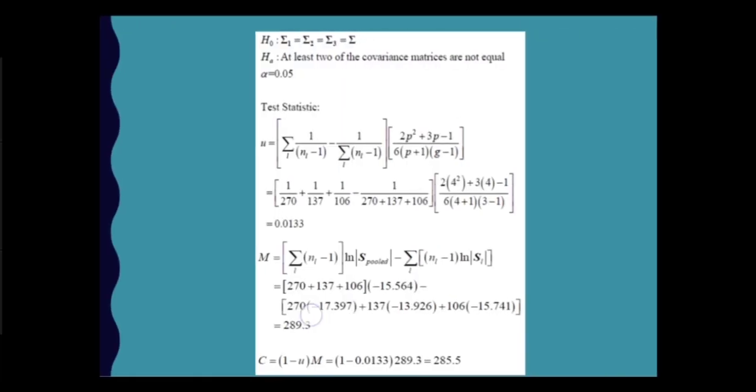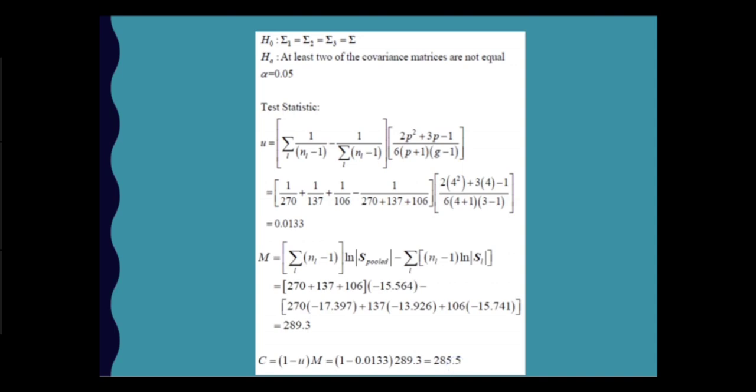After you multiply, then you sum up, because there is a summation in front. Then apply the formula, and you get 289.3. Replace in the C formula, and you will get 285.5 for the value of C.